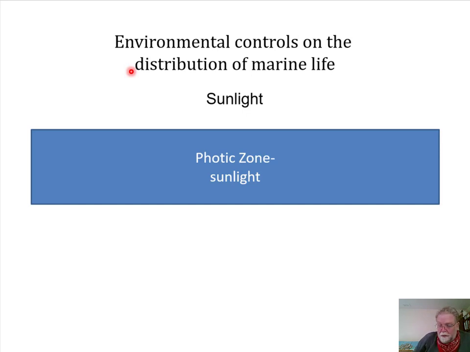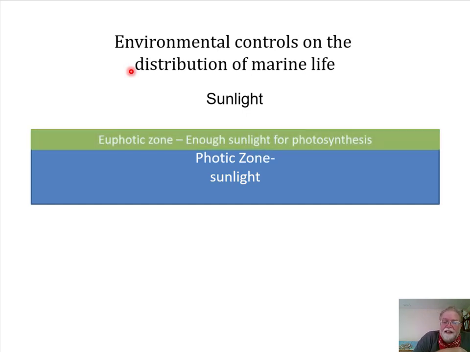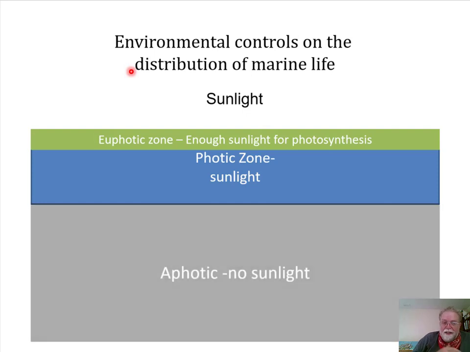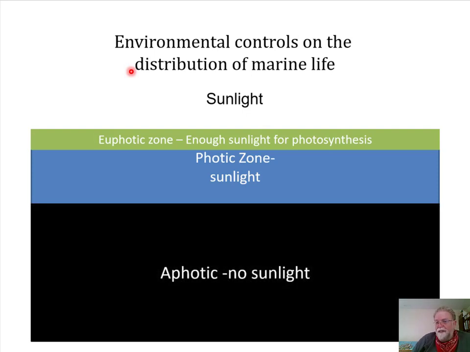The euphotic zone is actually the top of that photic zone, where not only is there sunlight, but there is enough sunlight to do photosynthesis, right? And then underneath that is the aphotic zone, and this is most of the water out there where there's no sunlight. And if there's no sunlight, there's no heat, right? That water is cold. That water is deep and dark and cold, and not a very hospitable place to live, although some things do.